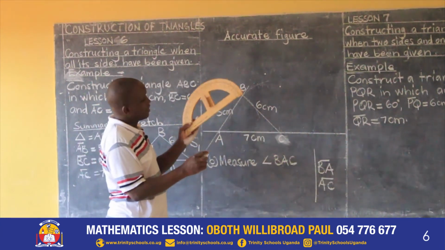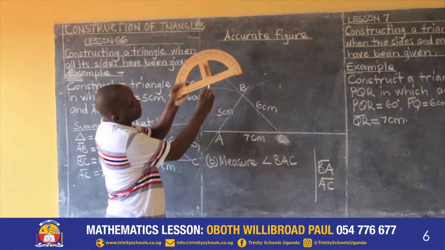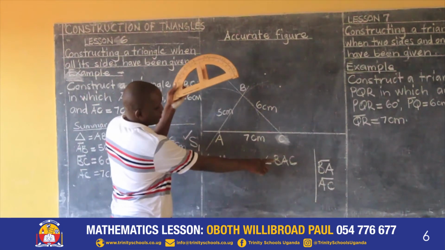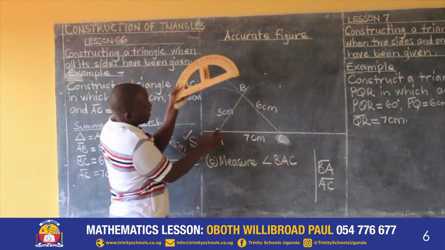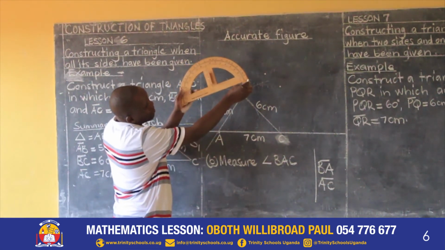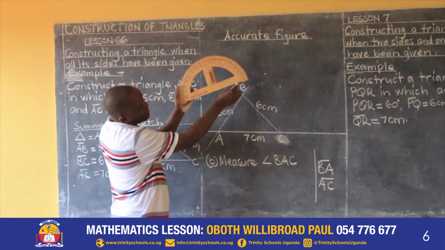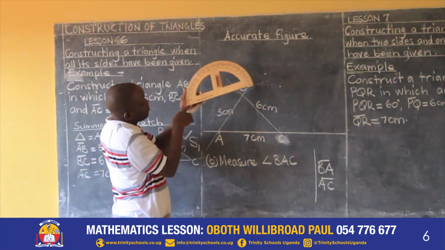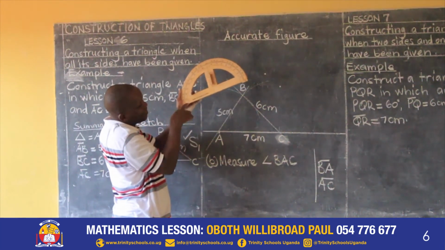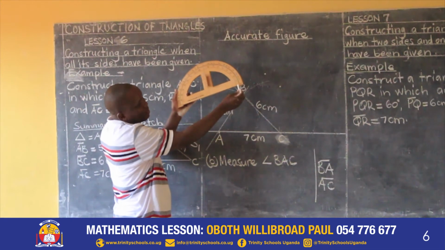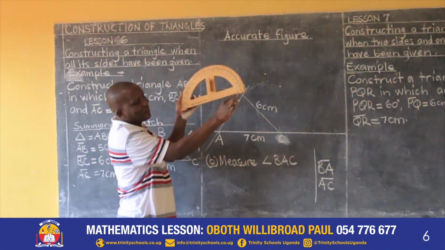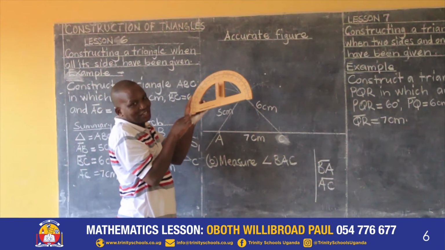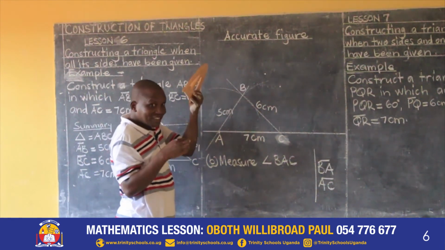Center the protractor. The center of the protractor is that. Center the protractor at A. There. And let the baseline of the protractor, that is the line that runs from the 0 on one end to 180 on the other end, sit on your line. On your protractor, you'll see that black line. Because your protractor is transparent, you can see through.